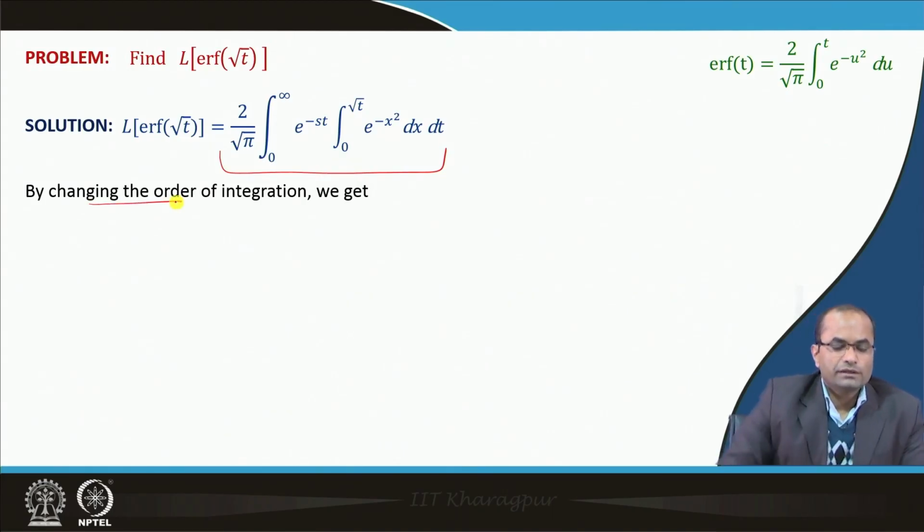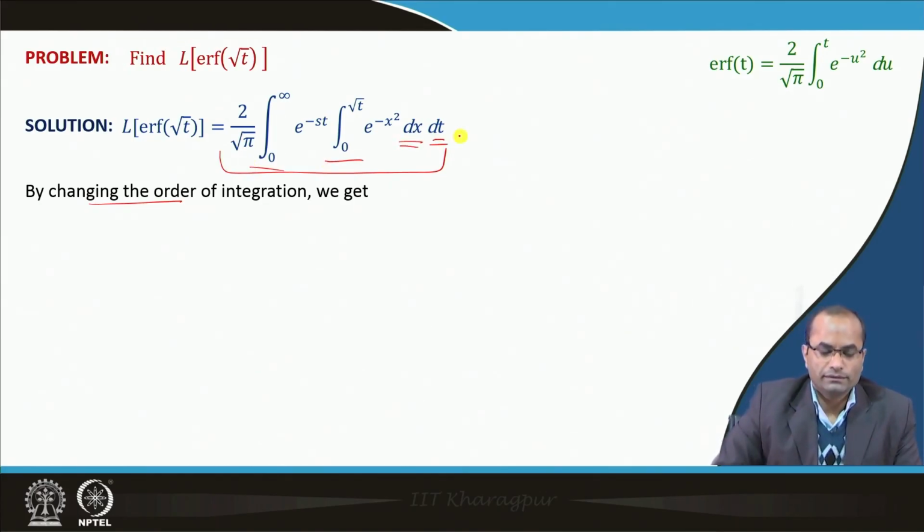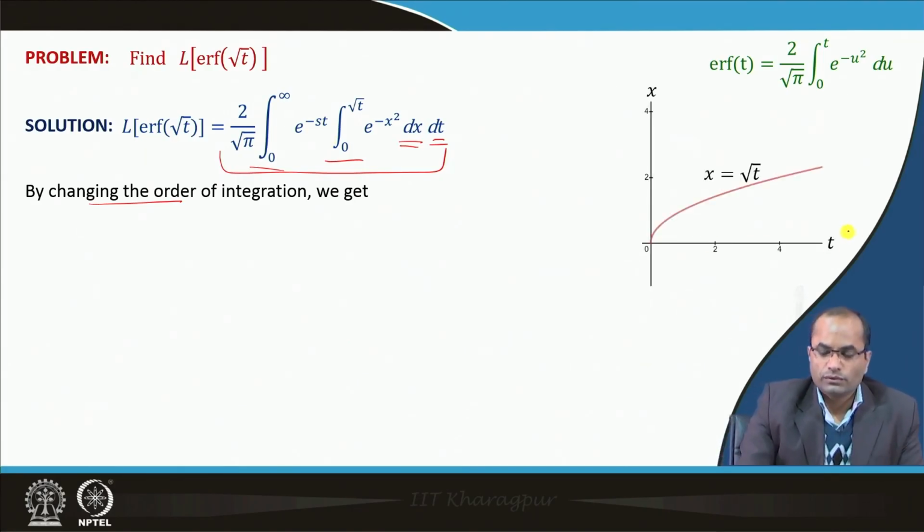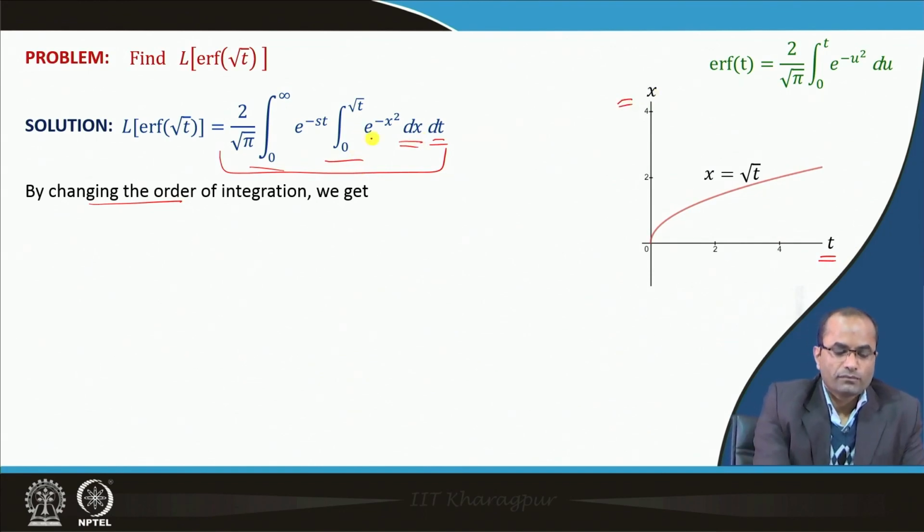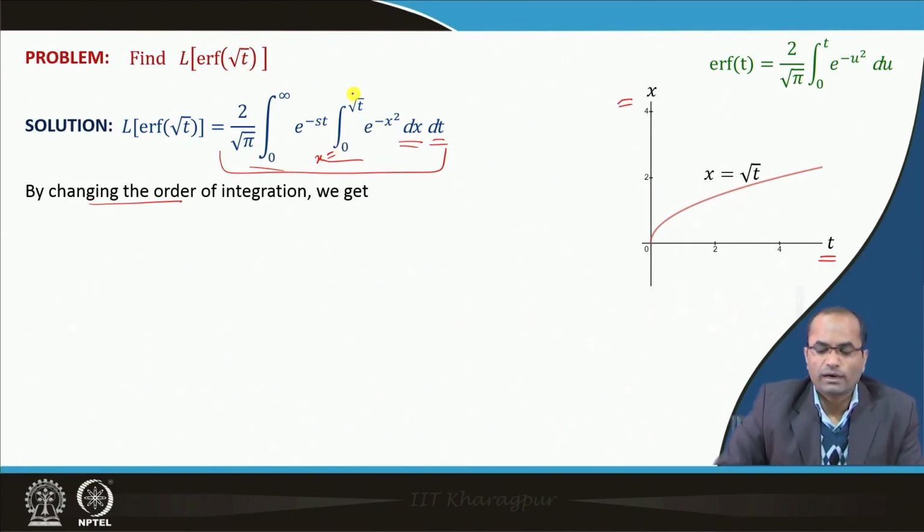Now, we will change the order of integration for these two integrals. So, the order is dx dt and now we will rewrite it as dt dx and then we will see some simplifications in this integral. So, just note that if we take here the t axis, here we take x axis. So, this inner integral is x varying from 0 to square root t.